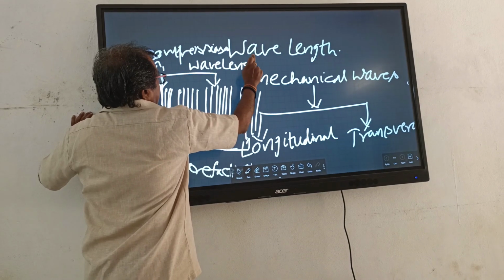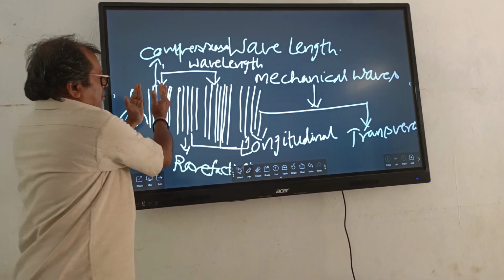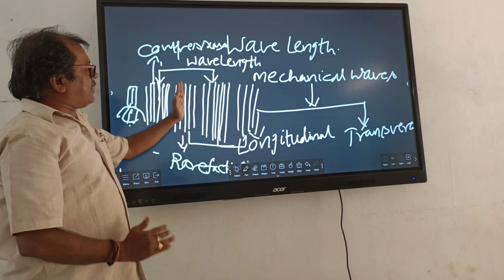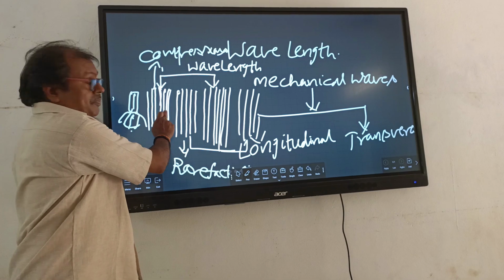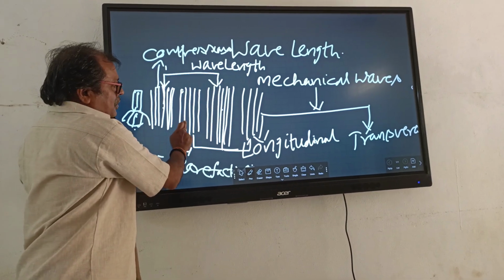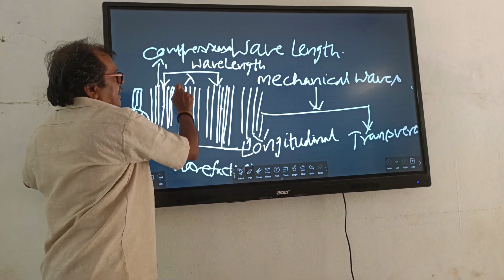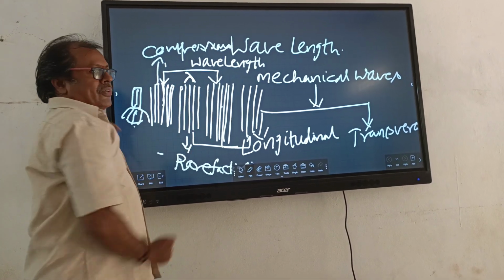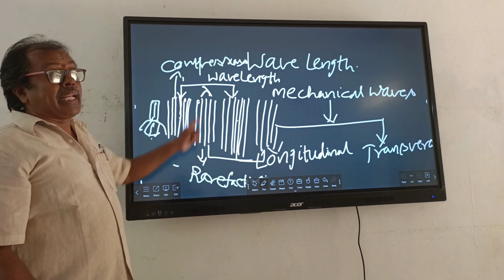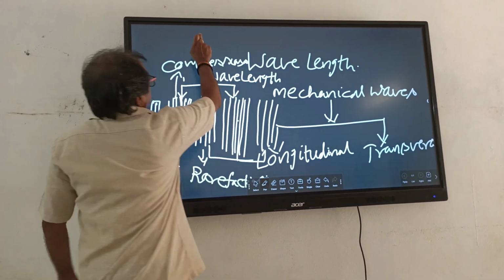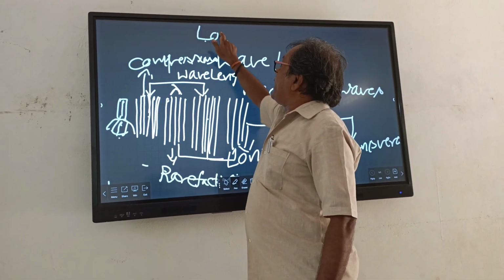In other words, these are the points where the particles have come close to each other. Here are the points where the particles move away from each other. The distance between two successive compressions or two successive rarefactions is called wavelength. The letter used to denote wavelength is lambda. So therefore, this type of waves are called longitudinal waves.